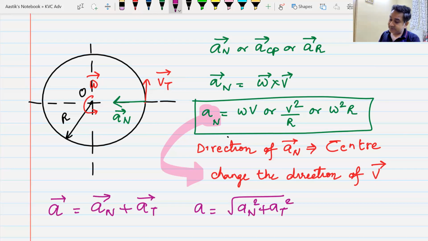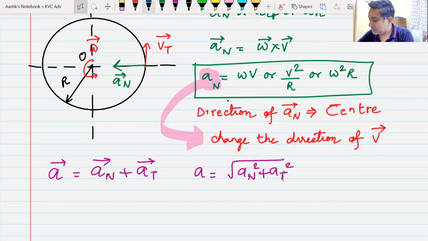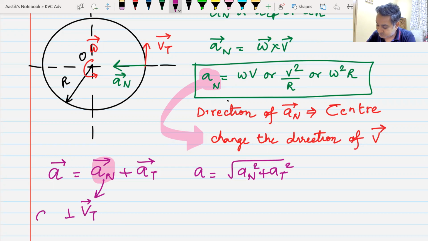Do we understand this, or has this gone above your head saying bye bye? Yes, sir. We understood. This is known as normal acceleration because this is always perpendicular to velocity.